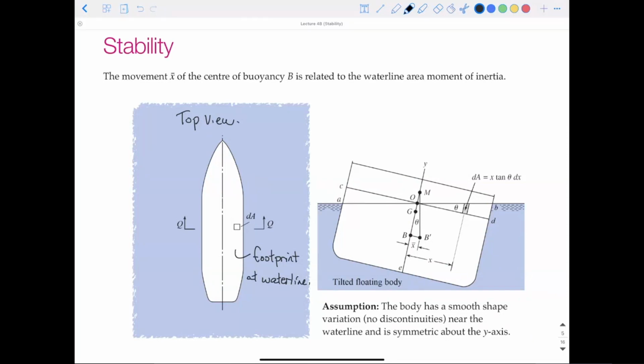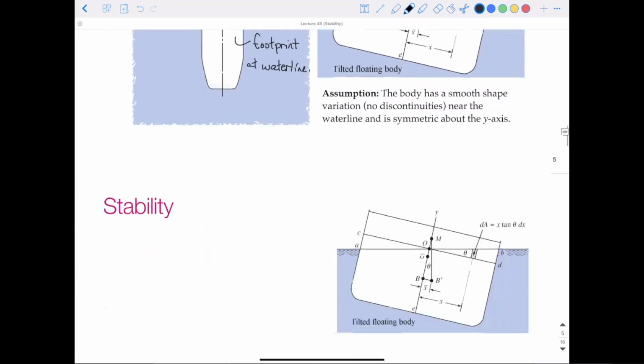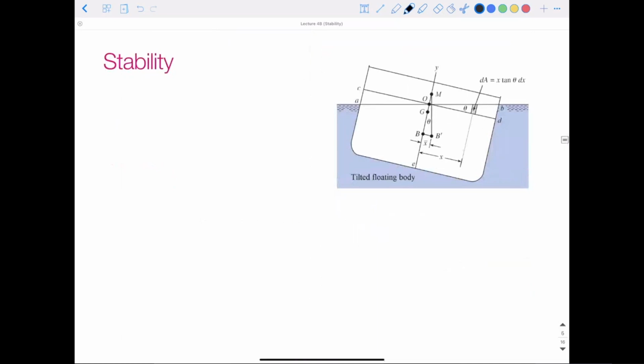So here is our cross-sectional view of our ship, and we'll go into that in a bit more detail. A few things we need to do to assess the stability of a floating object. The first one, we need to compute or figure out where the body's center of mass, G, is, and the center of buoyancy for the upright position.